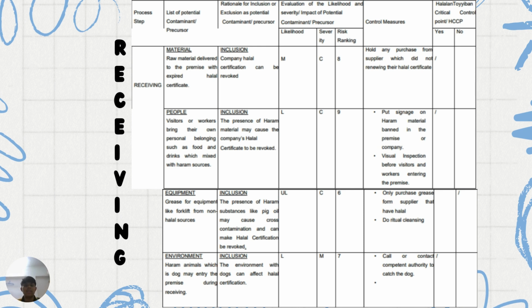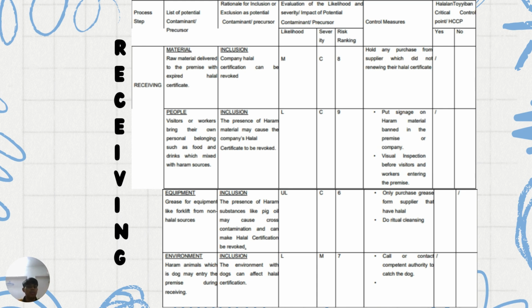The control measure that I see is to put signage saying haram material is banned in the premise, or in the company, or in detail in the production area. Next, visual inspection before visitors and workers enter the premise. So the critical control point is a yes.